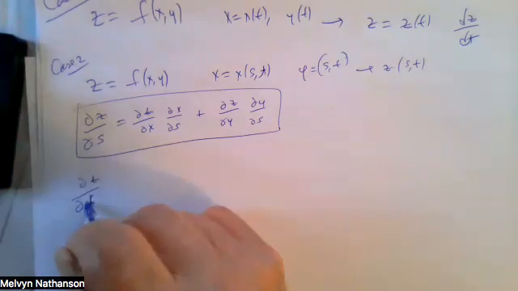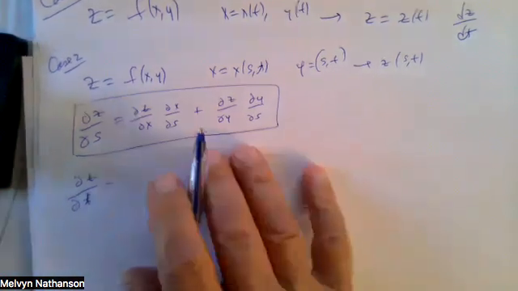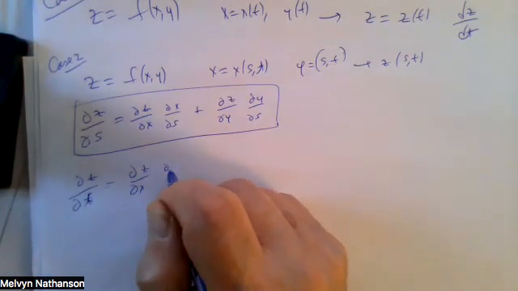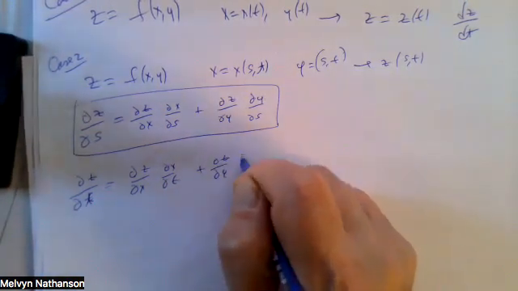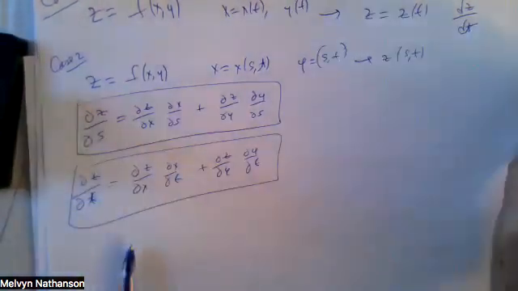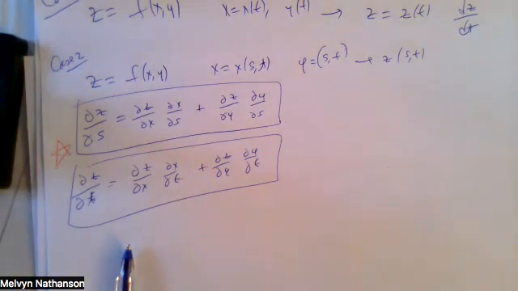And when you differentiate z with respect to t, the partial derivative of z with respect to t is the partial of z with respect to x, partial x with respect to t, plus partial z, partial y, partial y, partial t. So this is the second case of the chain rule, where z is a function of two variables x and y, which are each functions of two variables s and t.